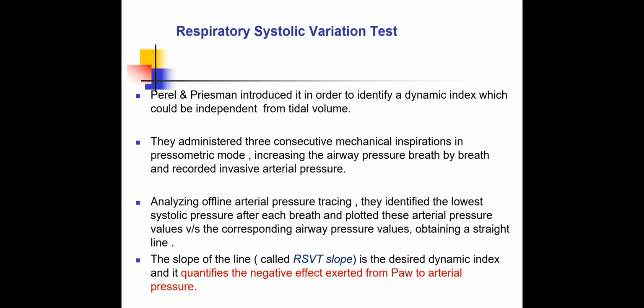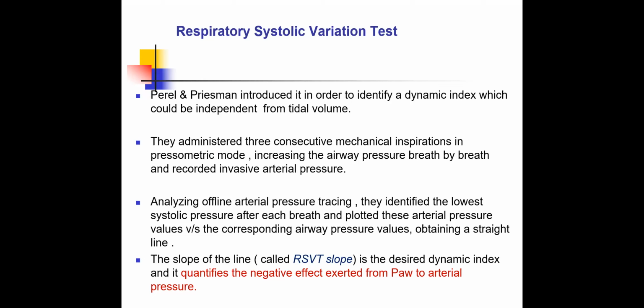The other is the respiratory systolic variation test. Preisman introduced it in order to identify a dynamic index which could be independent from tidal volume. They administered 3 consecutive mechanical inspirations in pressometric mode, increasing the airway pressure breath by breath, and recorded invasive arterial pressure.